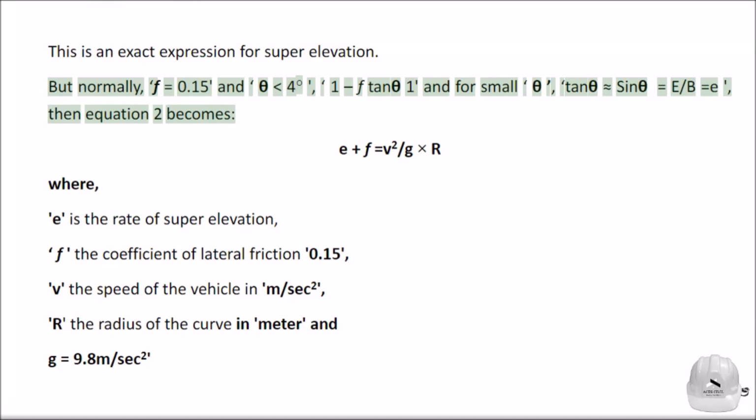But normally, f equals 0.15 and θ is less than 4 degrees, so 1 minus f tan θ is approximately 1.